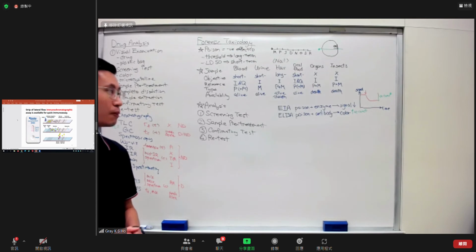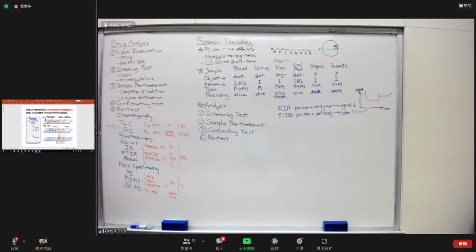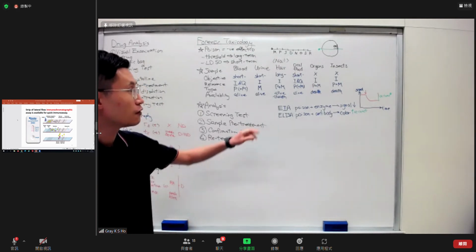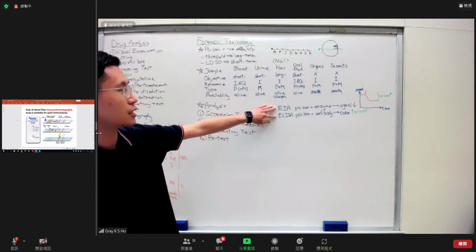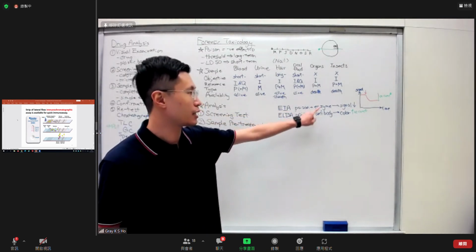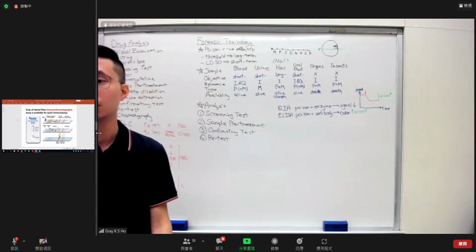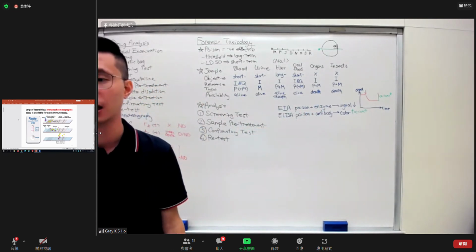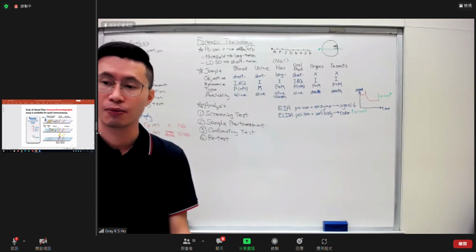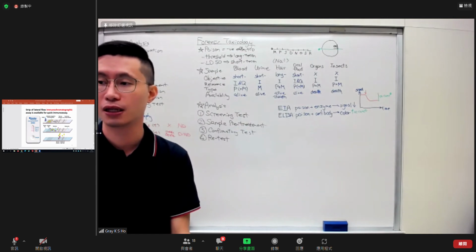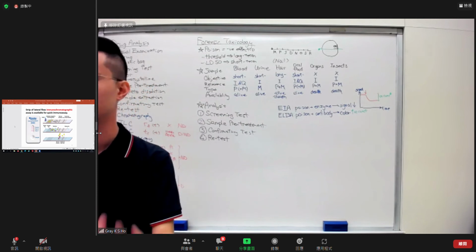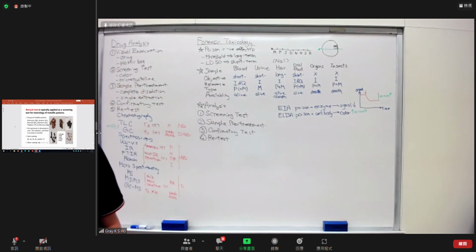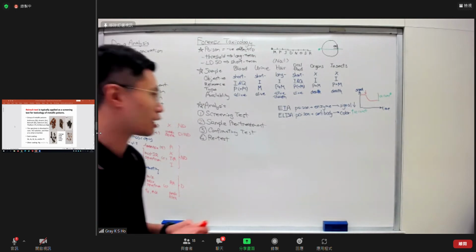Then actually we're making your life much easier, because by the original setting, the enzyme inhibition assay and the ELISA are just one at a time. But right now, for the immunochromatographic assay, it can be 2 at a time or even 3 at a time, just depending on how many test lines you have on the strip. So the other kind of screening test that we can use is the range test.